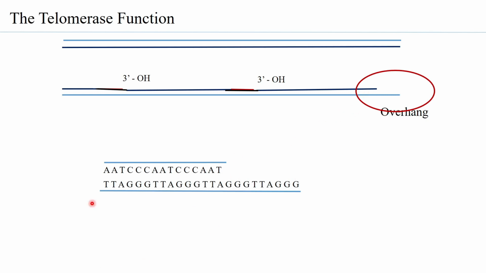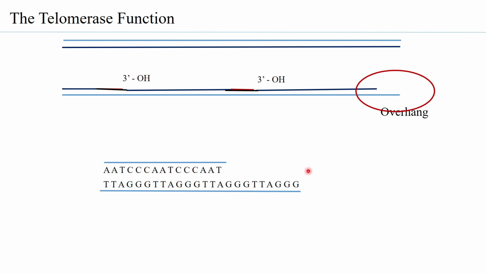So let's consider this is the template that is being read. You'll find that the ends of the DNA always have the telomeric repeats. So you have TTA, GGG, TTA, GGG. This is a constant tandem repeat sequence. And on that, this is the region where you had the primer.